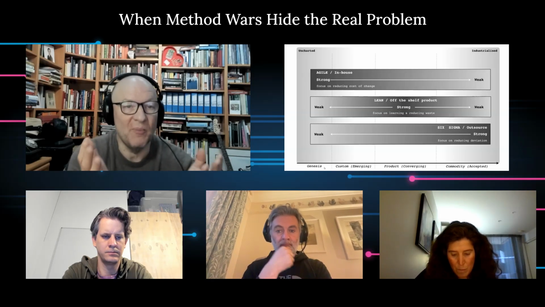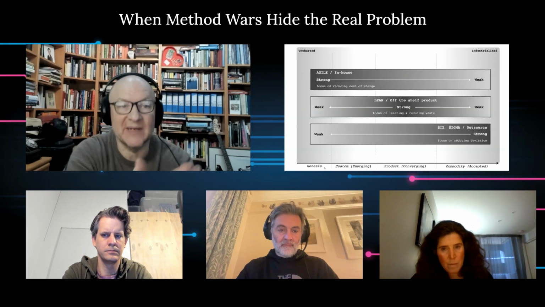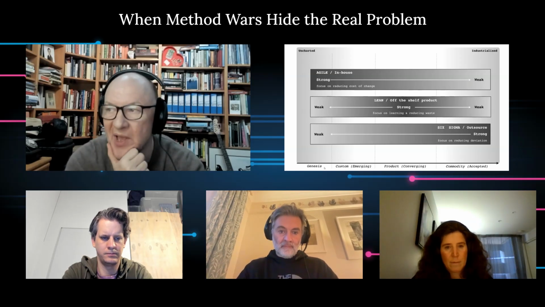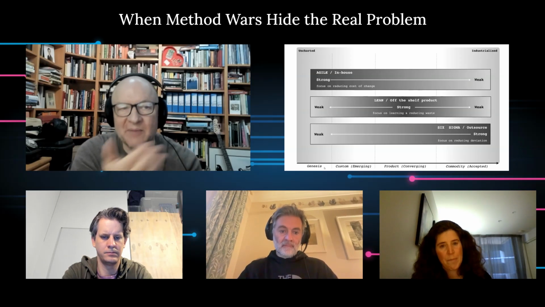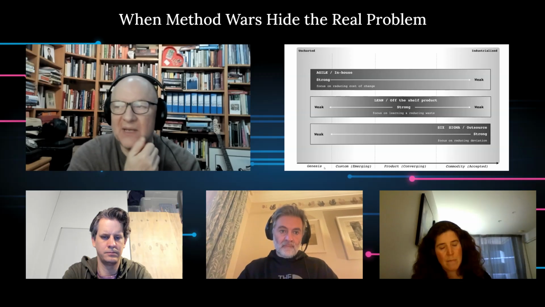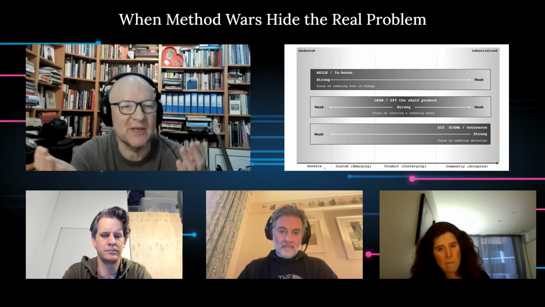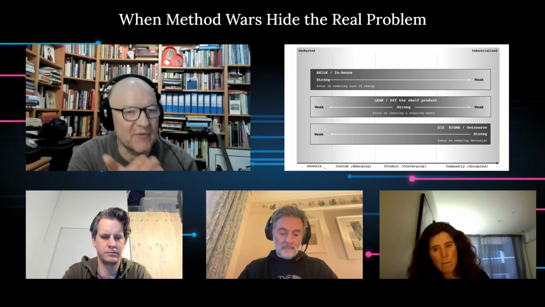When you're talking about something novel and new, it's going to change a lot. So you want methods which are good at reducing the cost of change. Whereas as the components evolve, you need methods which are good at reducing deviation, because with a commodity, you want the same thing over and over and over again.